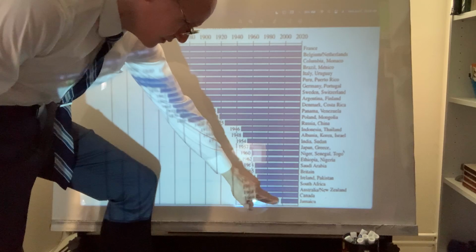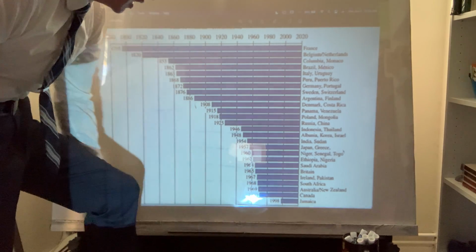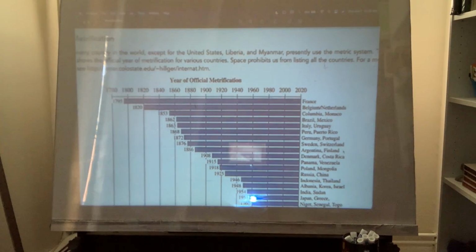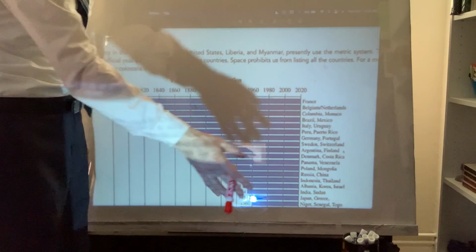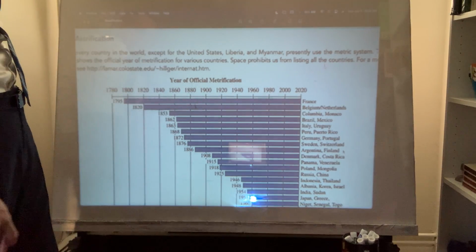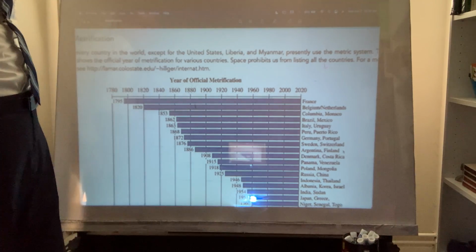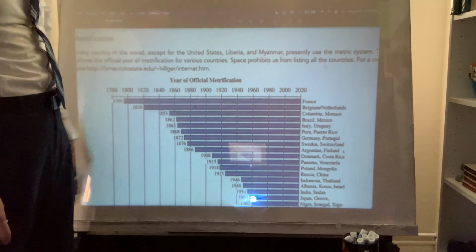I believe there might be some more recent country. Who is not on this list? At least at the time of the publishing of this particular textbook, which is maybe 2 or 3 years ago, the United States, Liberia, and Myanmar. Formerly known as Burma, as they would say.